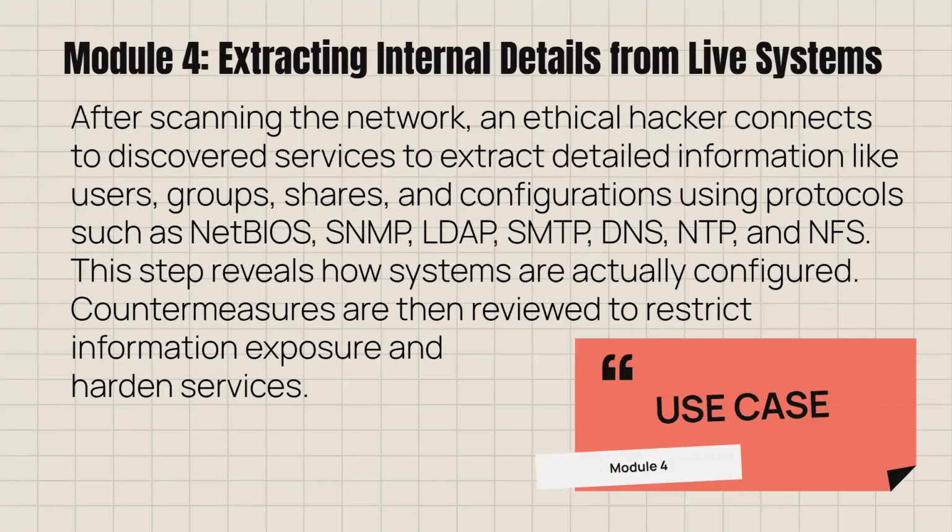We also have a use case for that: extracting internal details from the live system. We are just outside the network, and we are trying to get in just by identifying one weakness, because that will help us get into the network without any authentication, without any password. We just need a vulnerability or weakness in that protected network, and to find that, we do scanning and enumeration.